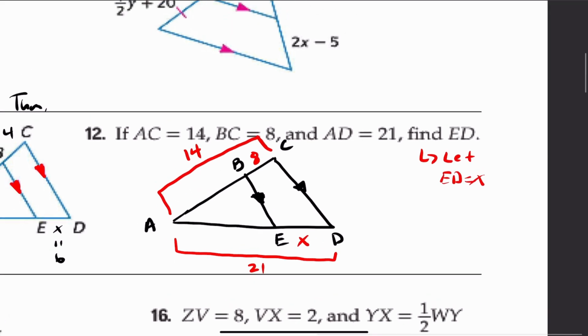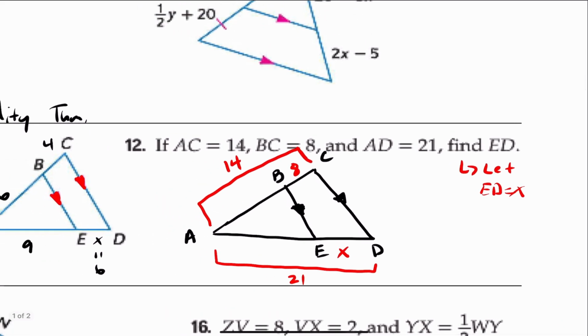Let me go ahead and put that on the side somewhere. So I'm going to call this a part. So I have part plus this 8 is equal to 14. Let's go ahead and solve for that part. So that means that 14 minus 8, that is 6. Right, so that means that this here is 6.